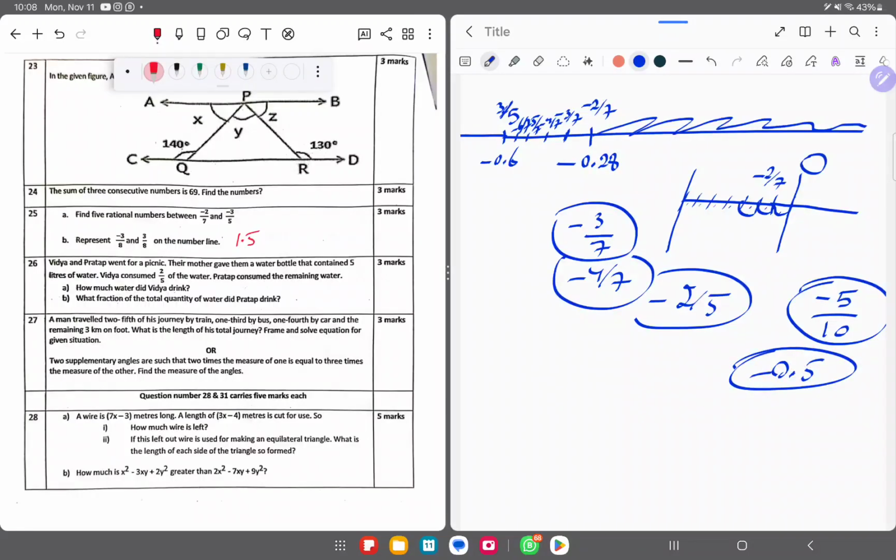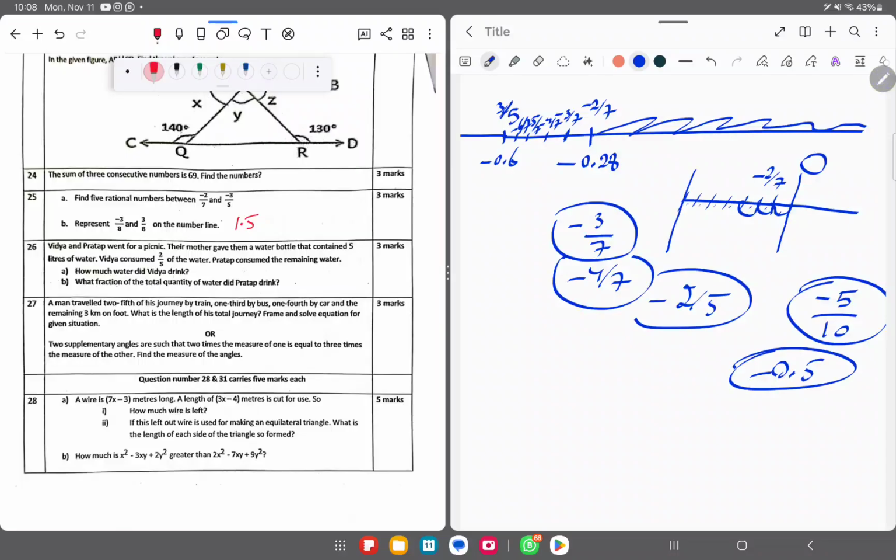I'm trying to check the 5 rational numbers between this and this. So I was able to do it. I thought the last one was thinking outside the box.